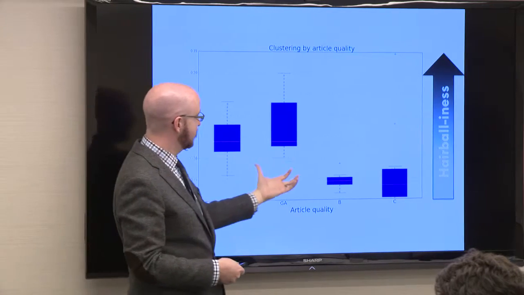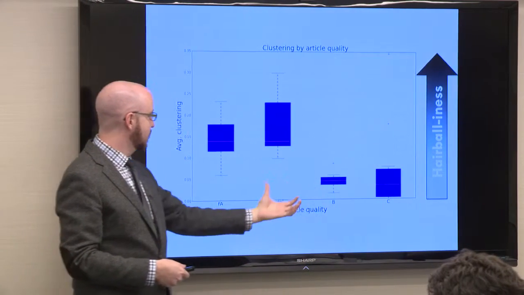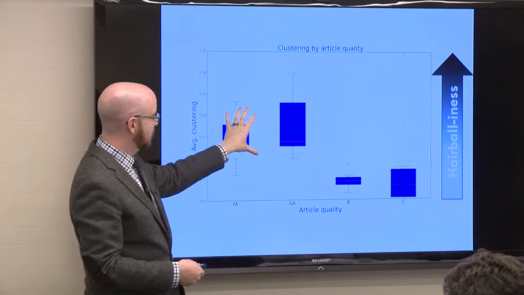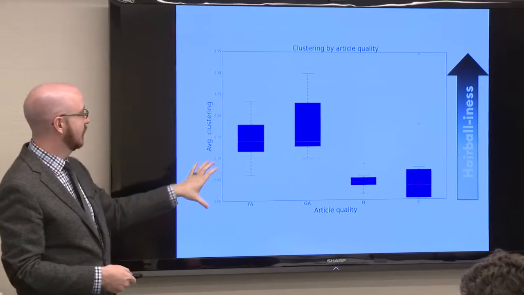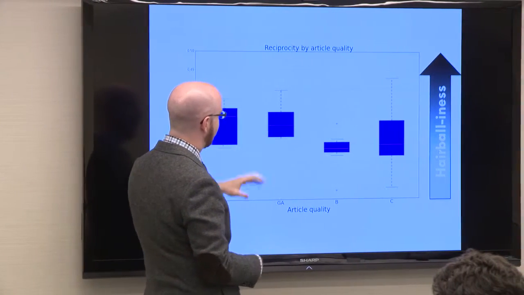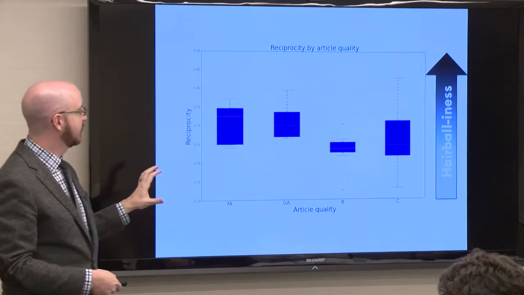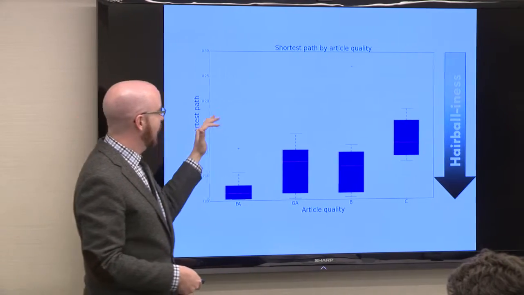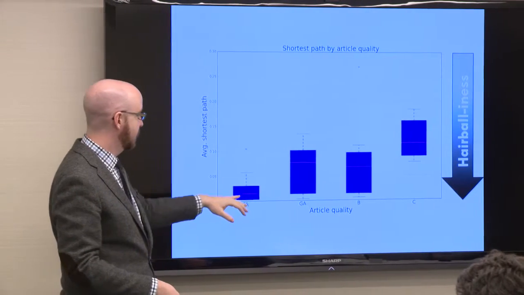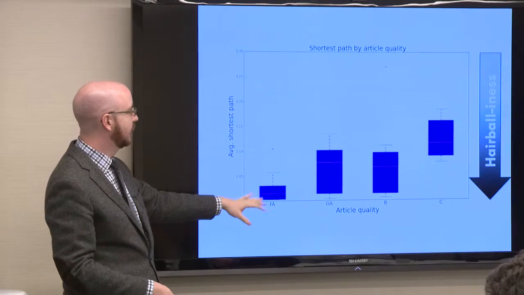But we're capturing something here: when we construct networks using this method and extract one feature like clustering, we see that higher quality articles, in fact, have more hairballiness characteristics. We can look at reciprocity again. Higher quality articles have significantly higher hairballiness. And if we look at the path lengths, higher quality articles, especially featured articles, have significantly higher hairballiness.